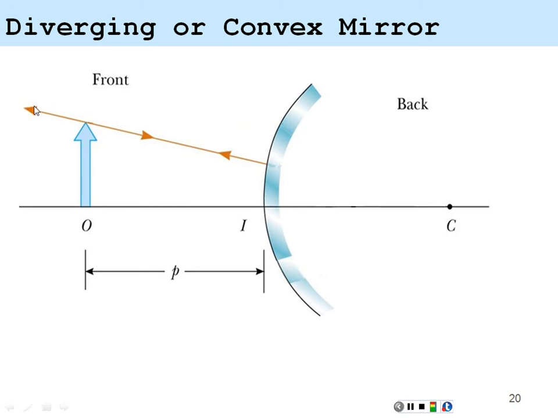So any ray that's coming towards the center of curvature on the other side is going to reflect straight back out through that point. So it's going to appear like it's coming from the center of curvature, at least for that ray.